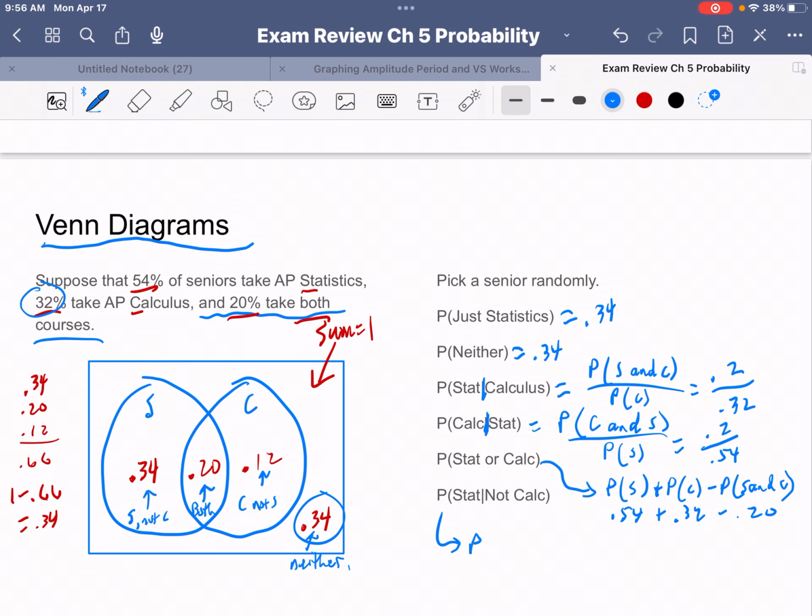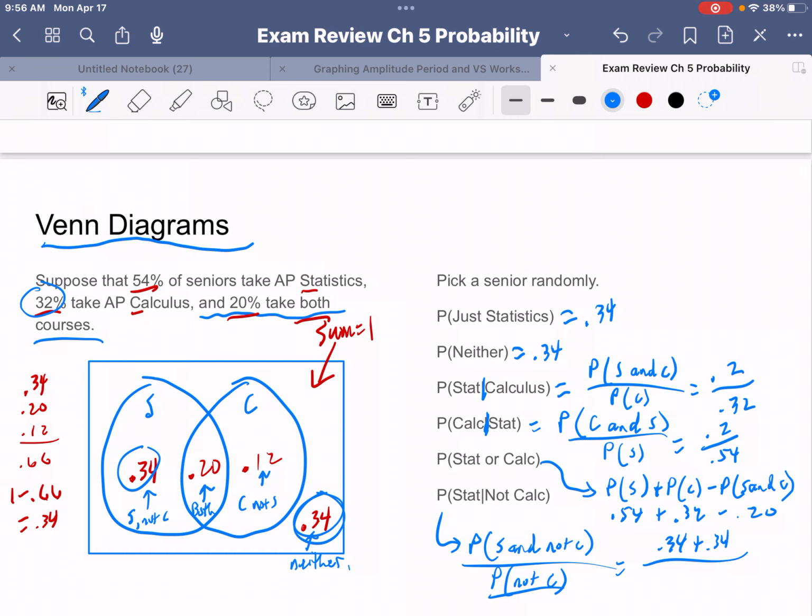Well, that would be equal to the probability of stat and not calculus divided by the probability of not calculus. Well, let's see. The denominator, not calculus, that's these people and these people. So the not calculus people is 0.34 plus 0.34.